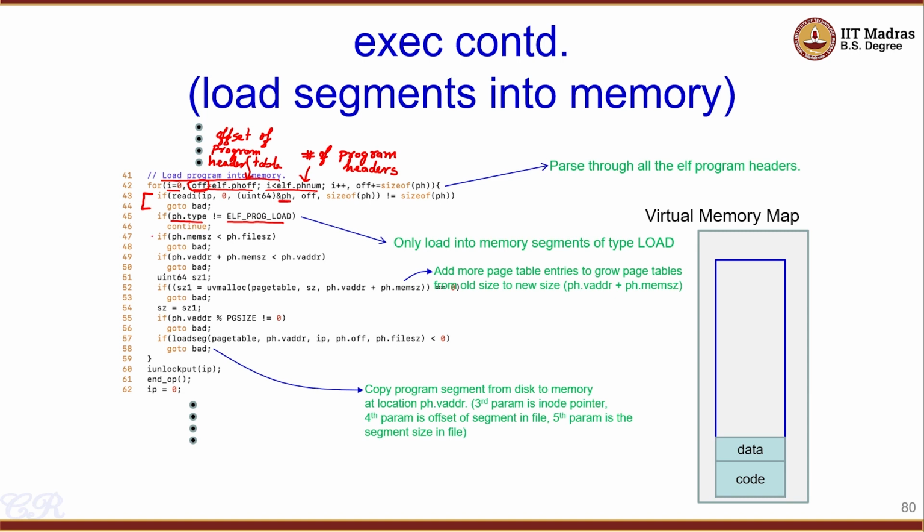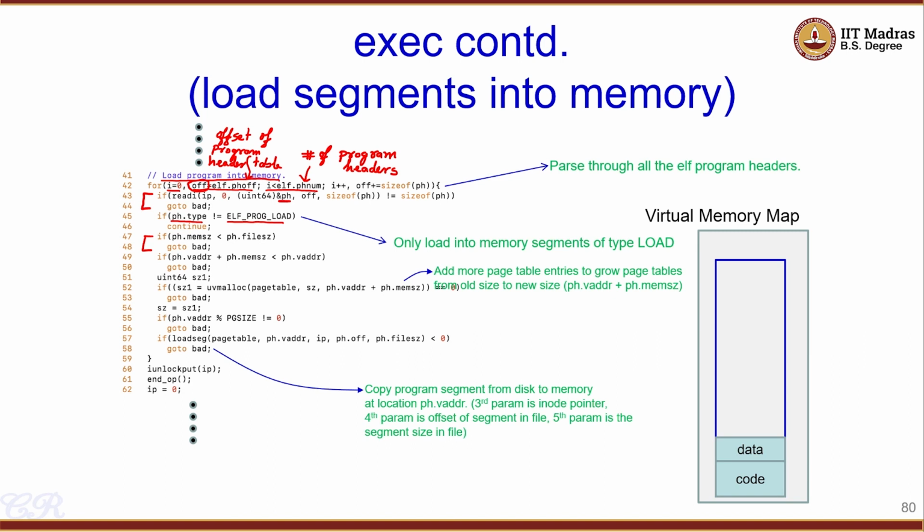So next is this thing, right. So what are we doing? This is essentially a sanity check, which is checking if the size in memory is less than the file size.